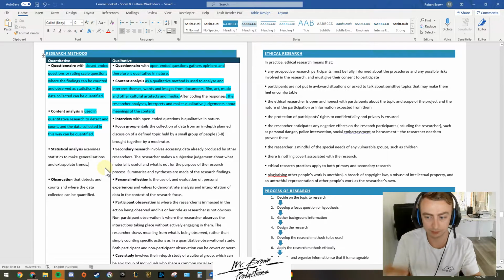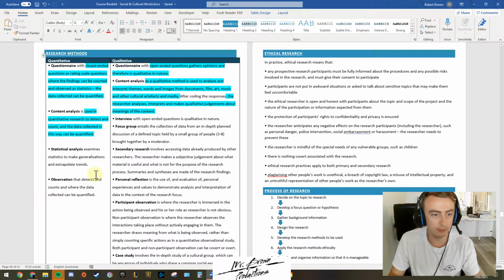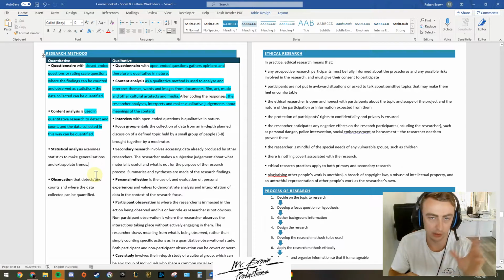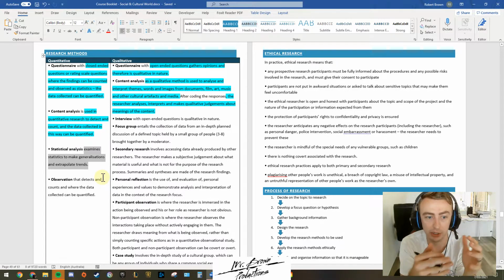Sorry, my screen froze there for a second. So write statistical analysis on one side of the card, in brackets write quantitative, and then on the back just get that definition. An example of statistical analysis would be looking at a bunch of statistics and trying to interpret meaning and generalizations from it.